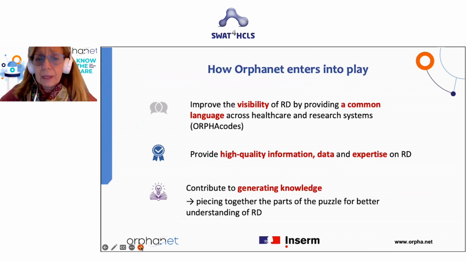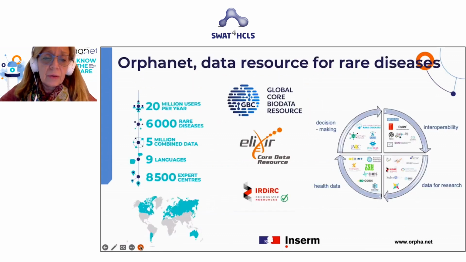And by doing that, Orphanet is providing a common language, providing data and information around this common language, and generating new knowledge for rare diseases that can be reused in research. And I will try to explain a little bit more about that.